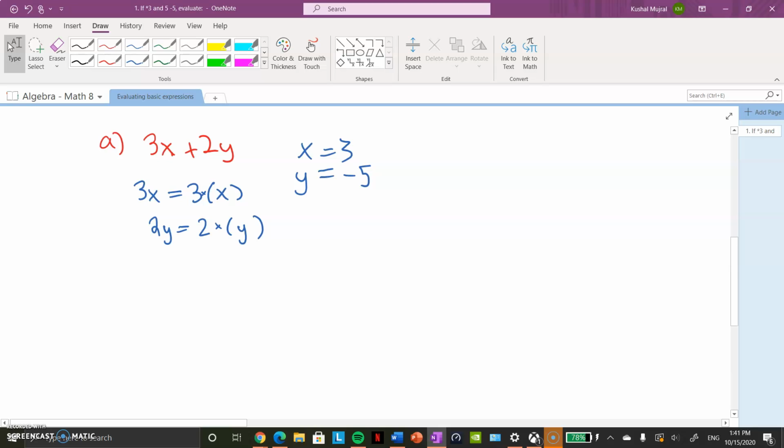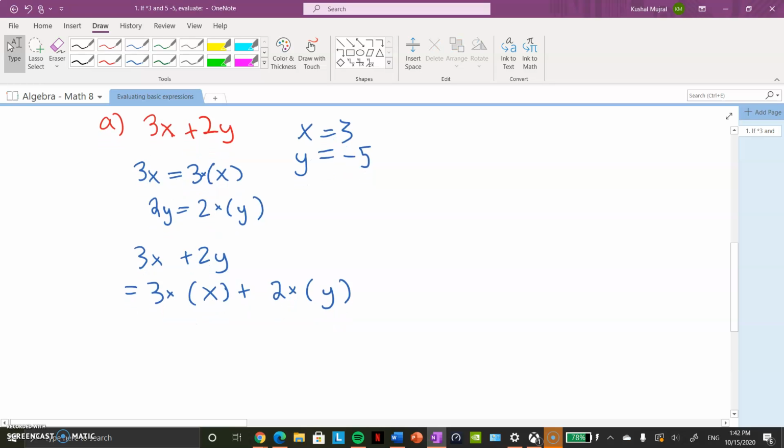Okay, so 3x plus 2y is the same as 3 multiplied by x plus 2 multiplied by y. Okay? Multiplied by, that's 2 times y, okay. So, we know that x equals 3.